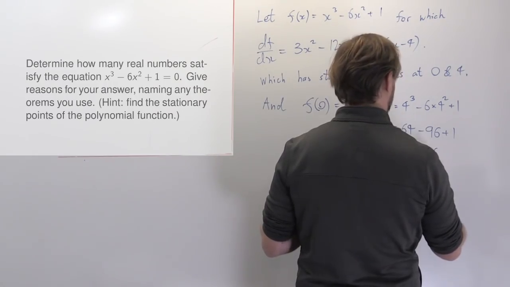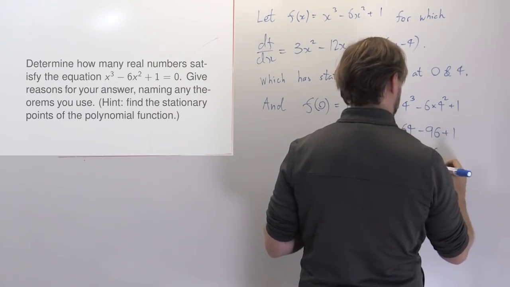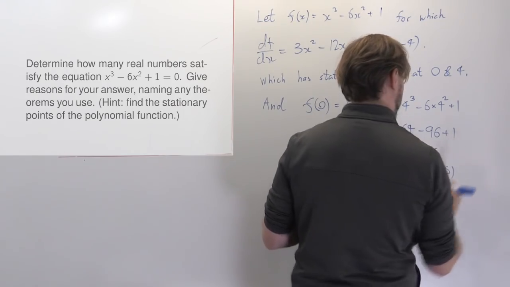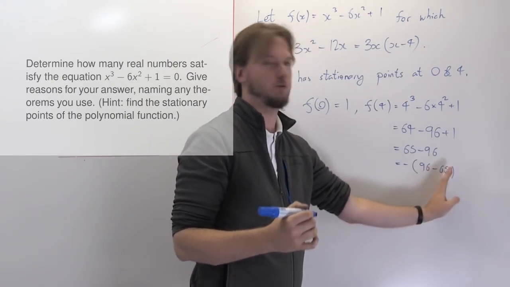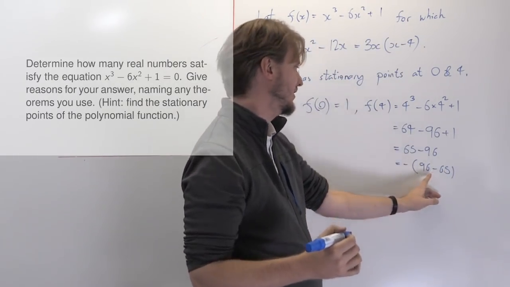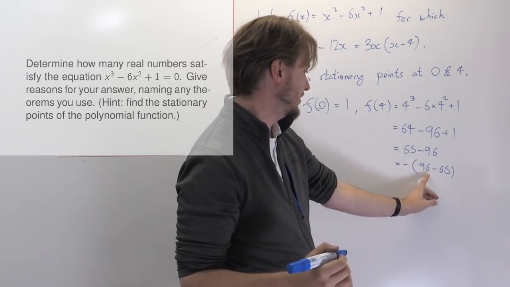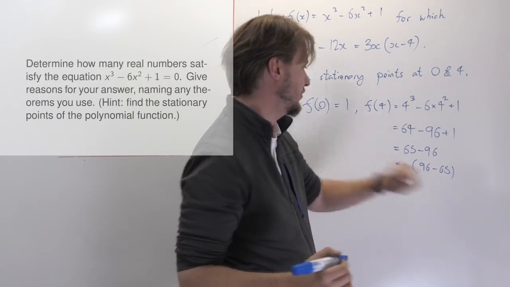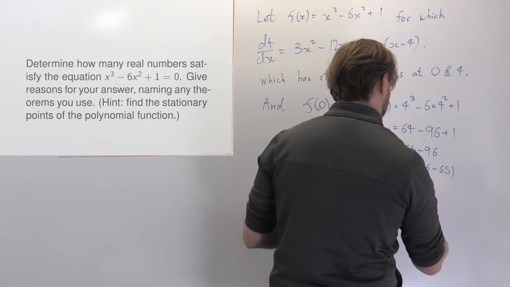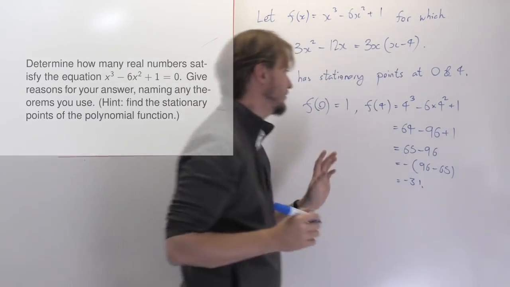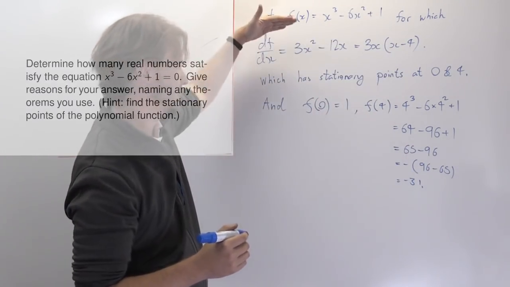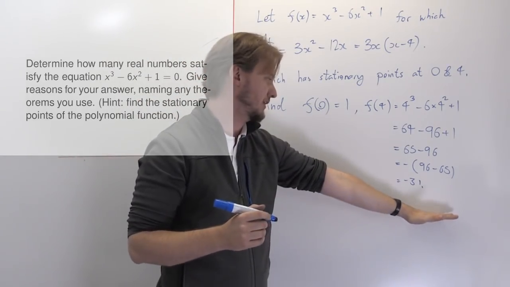And to be honest, I'm not very good with negative numbers, so I'll make it into something positive which I can do easier in my head. It's up by 31, so it's minus 31. Alright, so I have a very good idea of what this function looks like. It's a stationary point at 1 and a stationary point at minus 31.